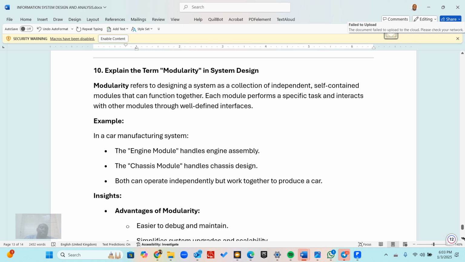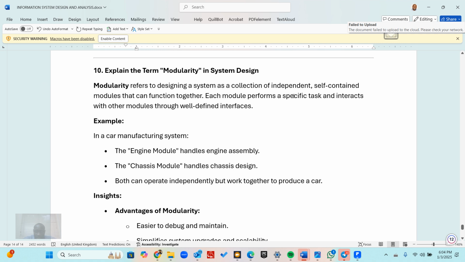Explain the term modularity in system design. Modularity refers to designing a system as a collection of independent, self-contained modules that function together.